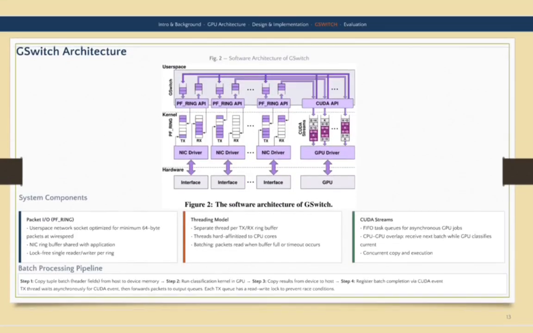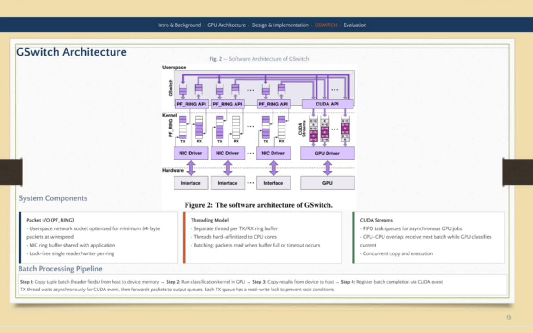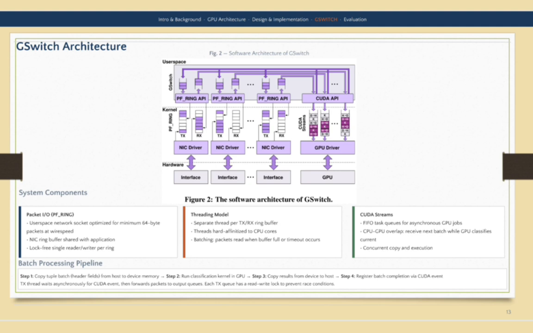Slide 13 shows the architecture of G-switch. The system uses PF_RING for the high-speed packet input and output path, while CUDA streams manage GPU processing. Packets are collected in batches, sent to the GPU for classification, and then returned to the CPU for forwarding.